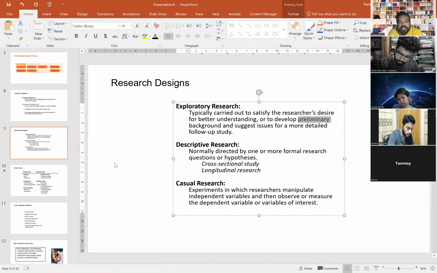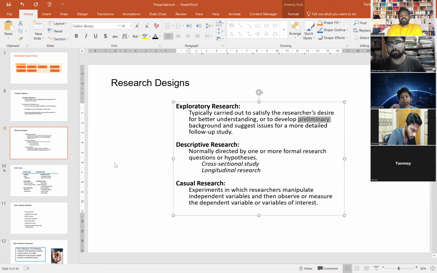A hypothesis is a researcher's assumption about a particular phenomenon. If X happens, if we give X amount of input, we will get Y amount of output. This is your hypothesis that this might happen. And your research will then test your hypothesis, whether it was right or wrong.